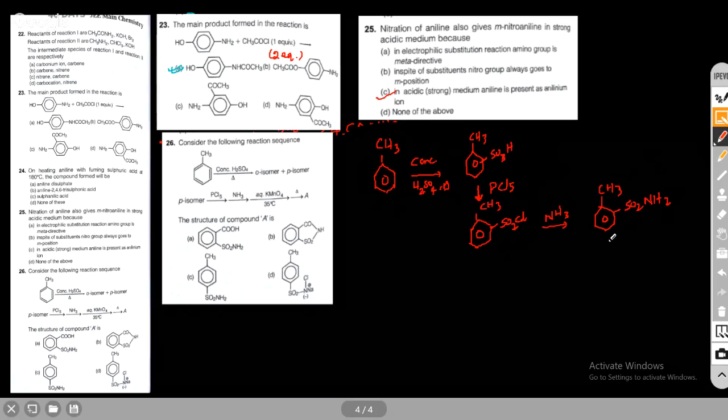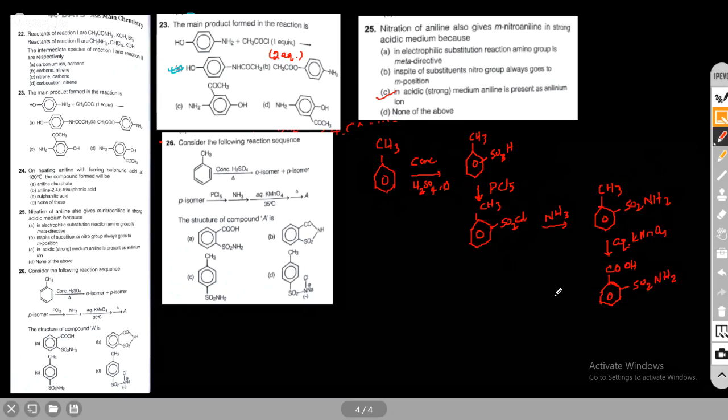After this, you're using aqueous KMnO4. So aqueous KMnO4 will oxidize this CH3, and we'll get here COOH, and here it will be SO2NH2, right?